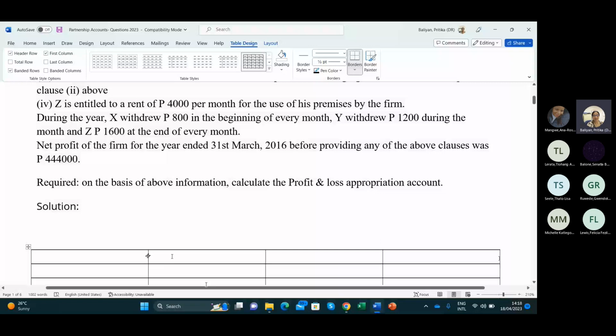So we don't need a date column there. Everybody has drawn the table.